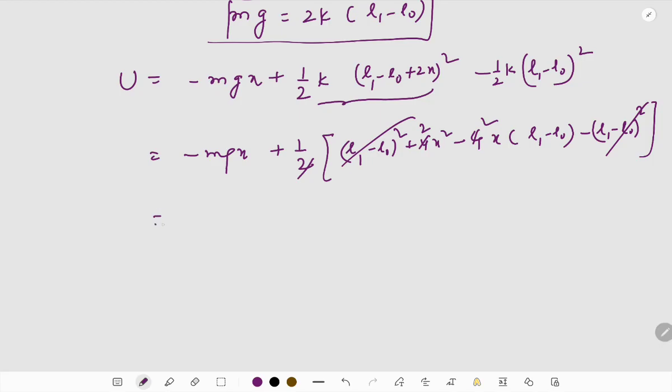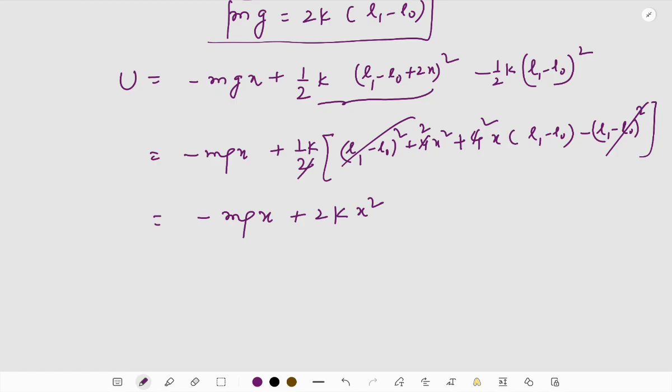and that gets cancelled out, and 2 and 2, so I get something like minus mgx plus 2kx square plus 2kx(L1 minus L0), and half was missing there. Oh no, that should be plus. I made several mistakes, kindly check it out. And I guess I'm right now.